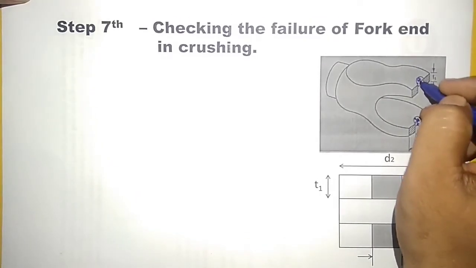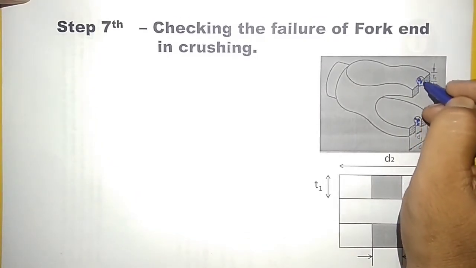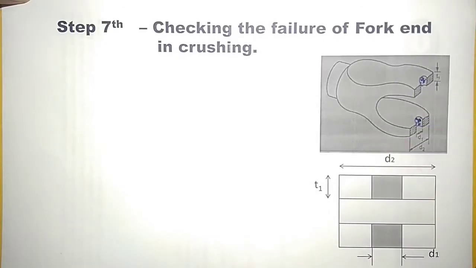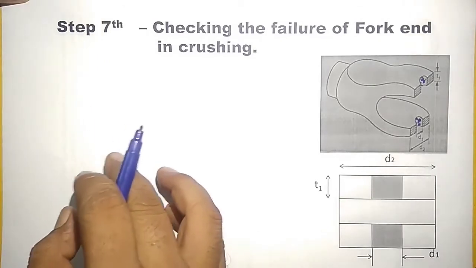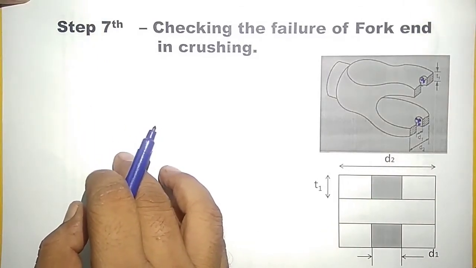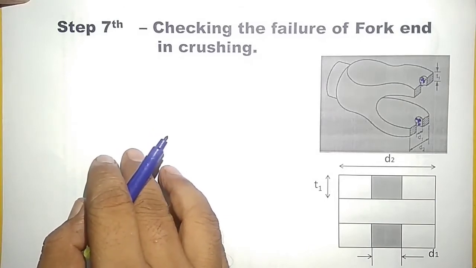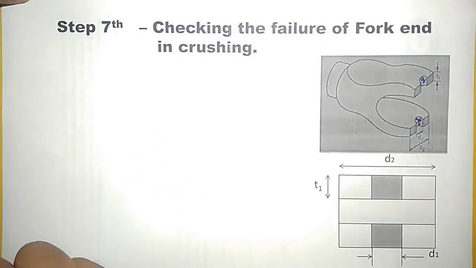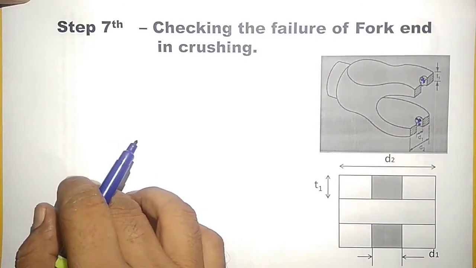This is where the contact is made by the internal surface of the fork ends and the knuckle pin. There is contact of surface but no relative motion between them, so it develops the crushing stress at these surfaces.